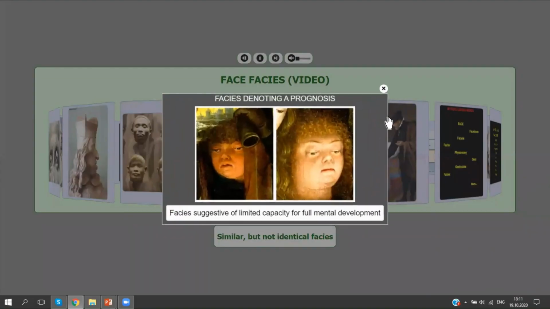So face, facies, and now we can say stigmatic, meaning they're specific enough to suspect a diagnosis. Can you suspect a diagnosis here? You could tell the parents of such children that it would be extraordinarily rare and very unlikely that they would achieve full mental development. That's the power of observation. But let me add, this painting depicts perfectly two unrelated individuals with the same medical condition, a trisomy 21.